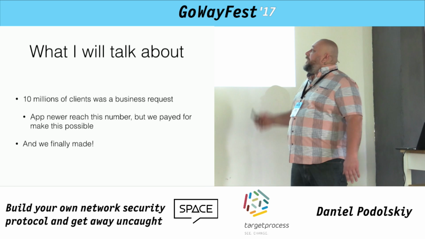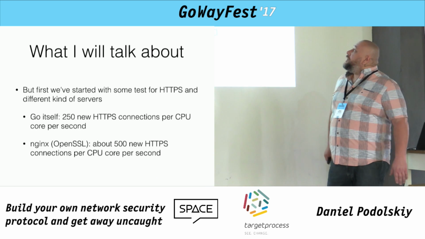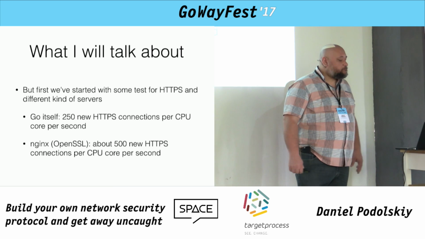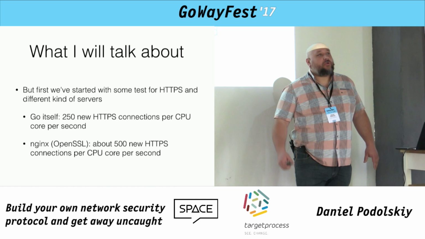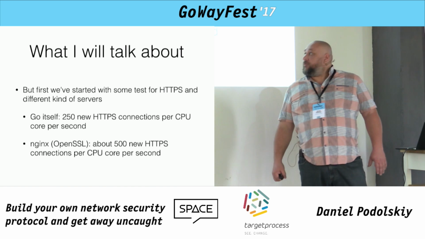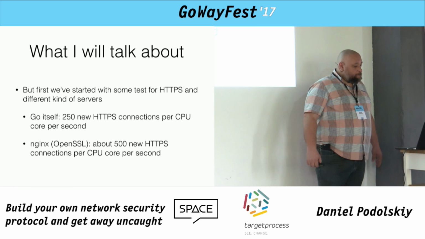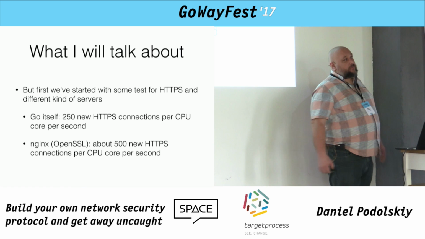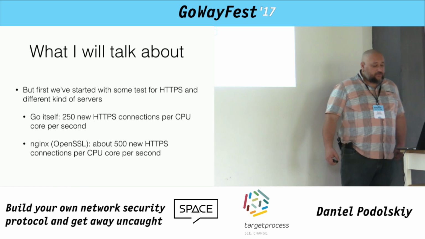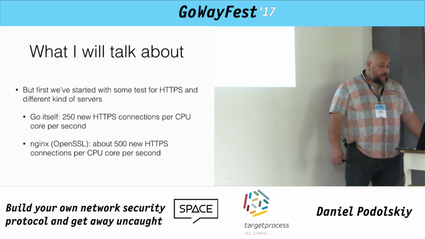So we finally made the requirements, as you can see on the screen. The problem is, when we got these requirements from investors, we started to count what we could do with this. Of course, if we have security as a key requirement, we need some sort of HTTPS, as we thought.